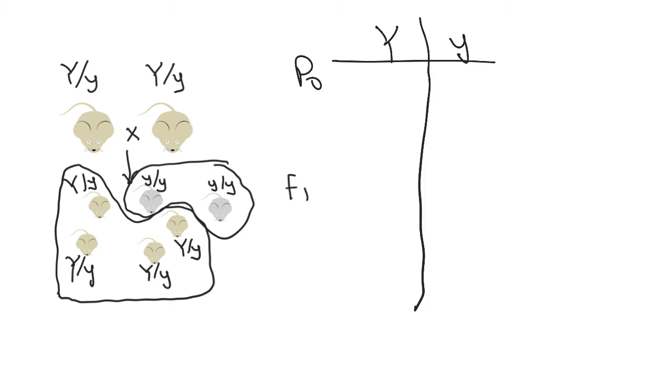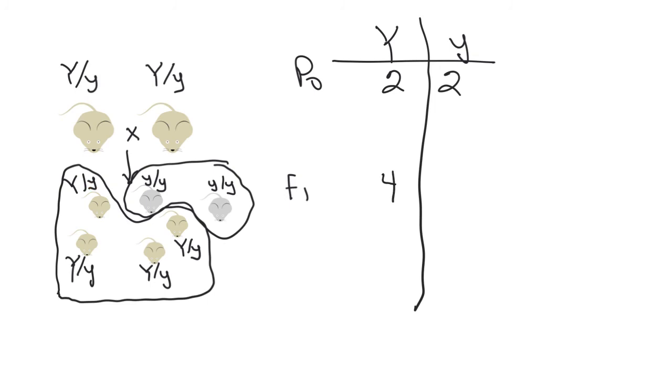In the P0 generation, we have an equal number of capital and lowercase y's at 2 each. And in this case, we have 1, 2, 3, 4 capital Y's in the second generation, the F1s.